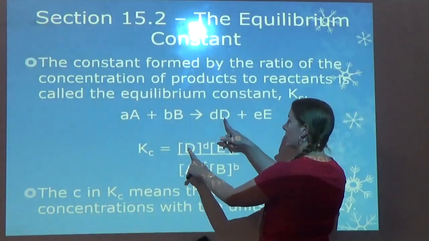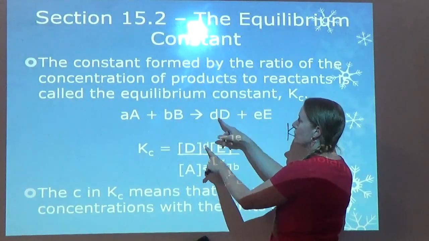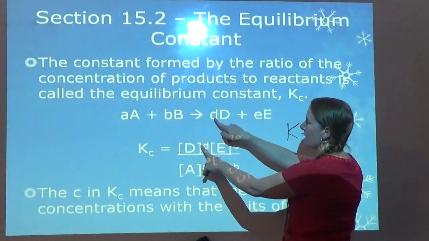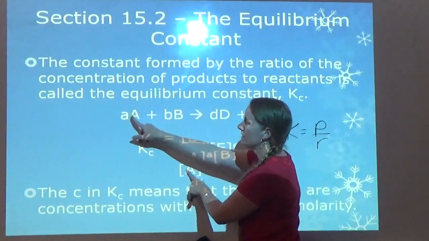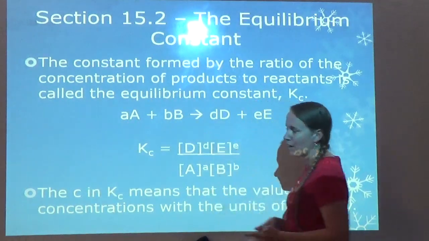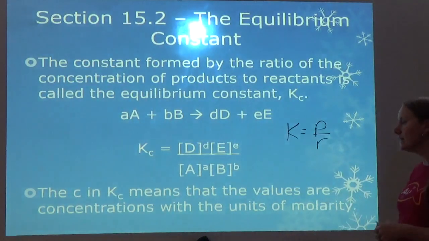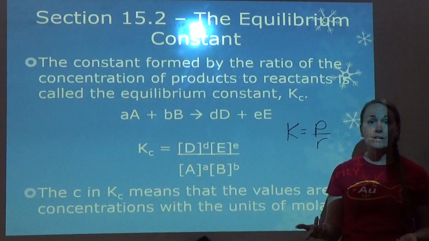You take your products, so here's my D and E, and you raise them to their coefficients as a power. So [D] to the d power, [E] to the e power, over your reactants, [A] to the a power, [B] to the b power. And the c in Kc means that the values are concentrations, so we have a unit of molarity.